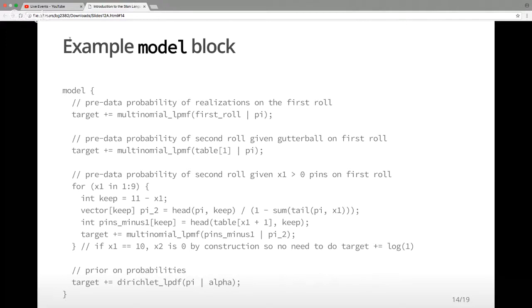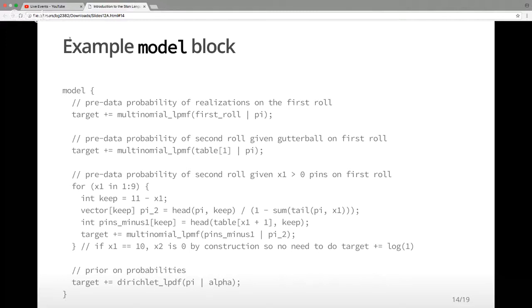Then if someone gets a gutter ball on their first roll, then there's another target plus equal multinomial_lpdf for the first row of table, which corresponds to the second roll when the first roll of that frame is a gutter ball. So we have another multinomial statement, but we still have 10 pins standing, and so pi is the appropriate thing to use there. Then we need to loop through to account for the pre-data probability of what happens on the second roll, given that you knock down more than 0 pins on the first roll.